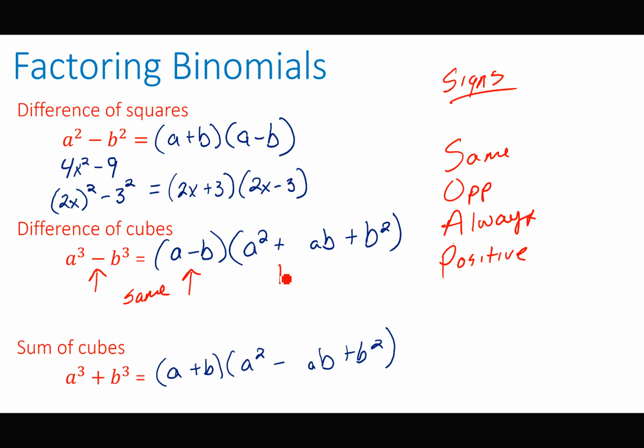The opposite, because now it's addition rather than subtraction. And then the last one is always positive. Okay, so it's always a squared, ab, and b squared. Only thing that's different is the signs. And if you remember that acronym of SOAP, that'll help you keep the signs straight for each one.